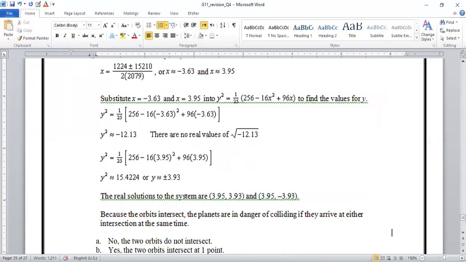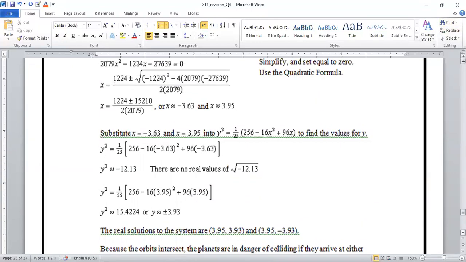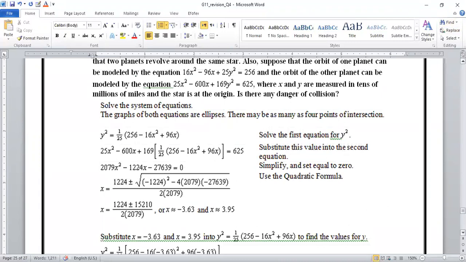Okay. Let's solve the system of equations. The graphs of both equations are ellipses. There may be as many as 4 points of intersection.